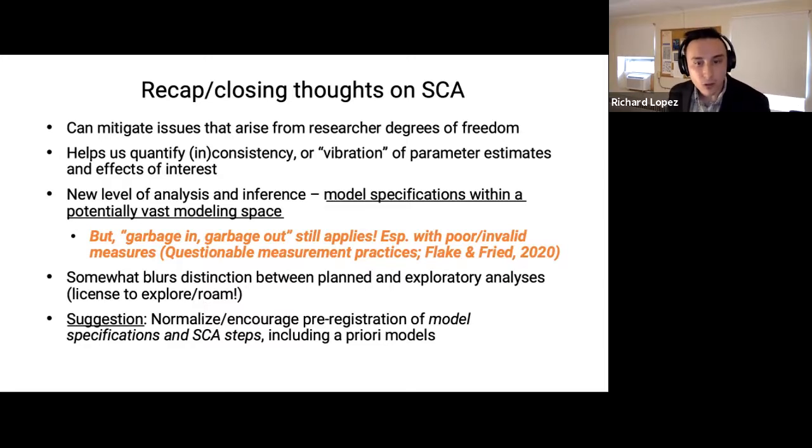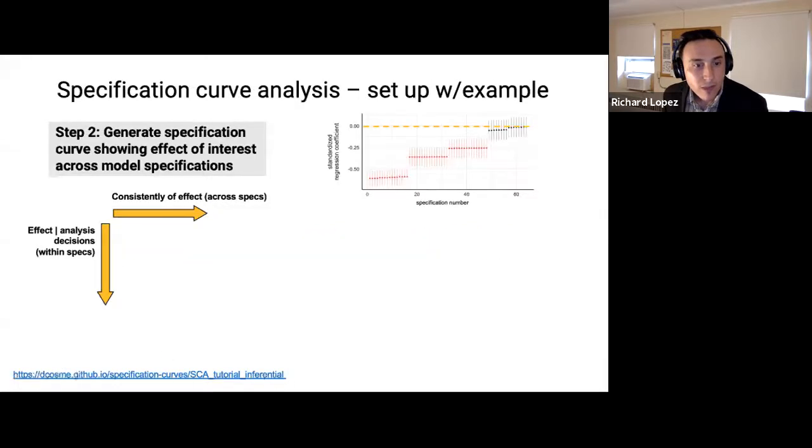And that tutorial I showed you, Danielle mentions a few of the packages, but I know SPECR was the one that we found most accessible for SCA novices, or people who are not so familiar with it quite yet.